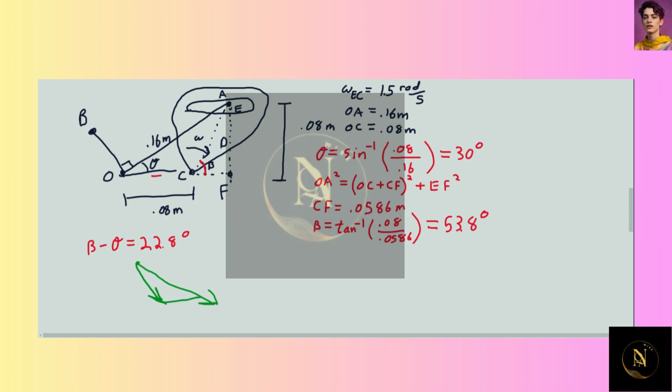And then we'll have the velocity, let me redraw that one, that's off the mark. The velocity of A with respect to E, which will be to the left. So this is VA with respect to E, VE, and VA.